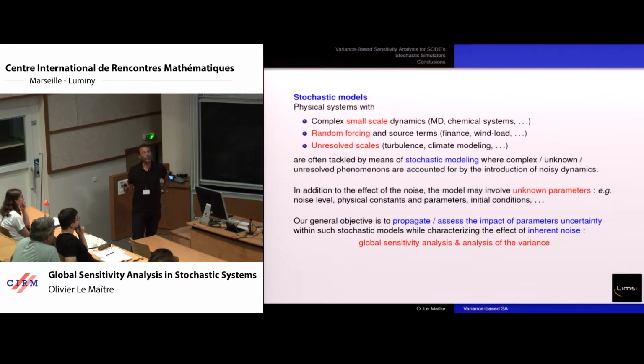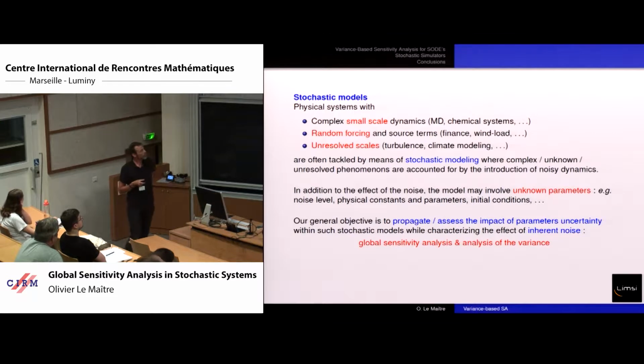Sometimes we can average or by some homogenization techniques upscale these effects, but there are situations where we don't know how to perform such upscaling, and one possibility in this case is to add some random noise that mimics the effect of the small-scale process that we cannot model. That's the case, for instance, in climate modeling, where they add some random noise to force the flow at small scale to mimic the effect of turbulence mixing. Okay, so stochastic modeling, and here I'm just thinking about physical models, but you can think of all models related to social science, for instance.